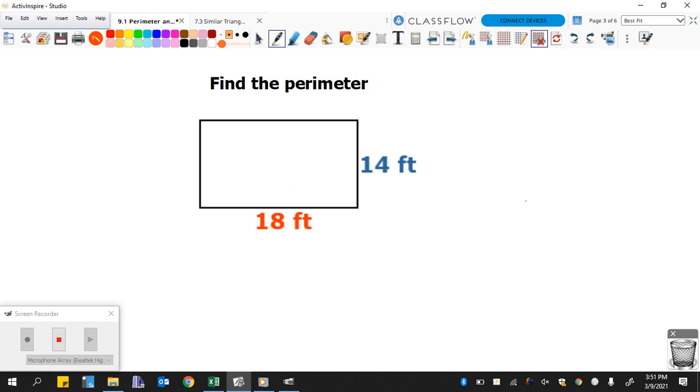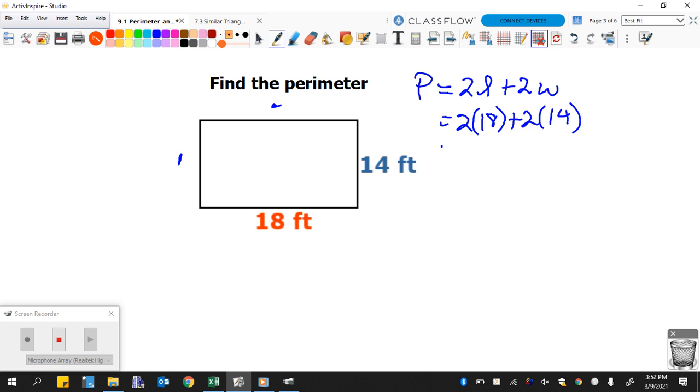The next one is a rectangle. We could put 18 up here and 14 here. We can say the perimeter is 2 times the length plus 2 times the width, which is 2 times 18 plus 2 times 14. 2 times 18 is 36, plus 28.